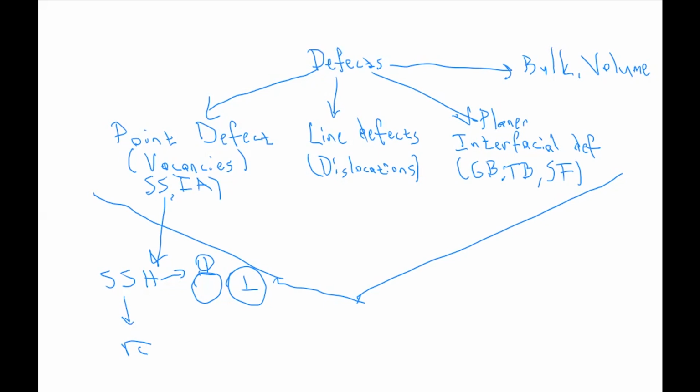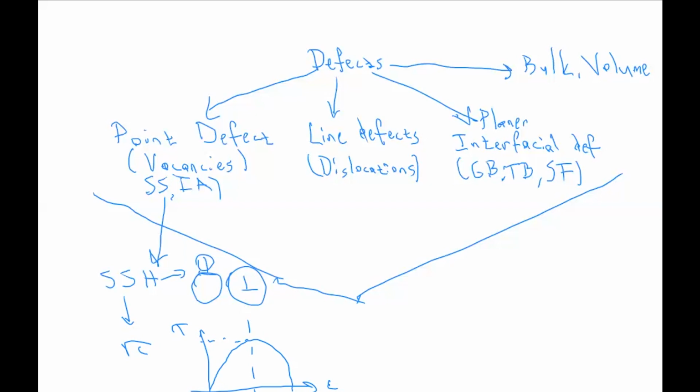And for precipitation, we have a formula too, right? We have a critical precipitate concentration, which changes the precipitate type from coherent to non-coherent.